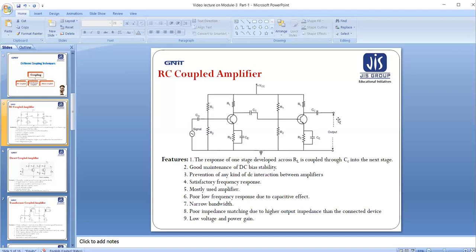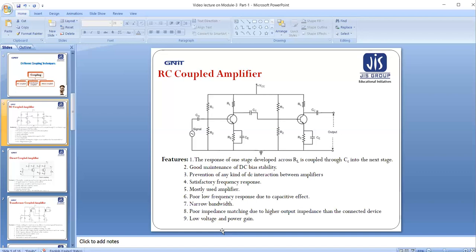Due to this mismatch between the impedance of the connecting device and the collector resistance, this circuit will have poor impedance matching. So it will not be useful as a power amplifier, meaning it will not transfer the maximum power to the load. The load will not be driven smoothly if we use this type of amplifier.